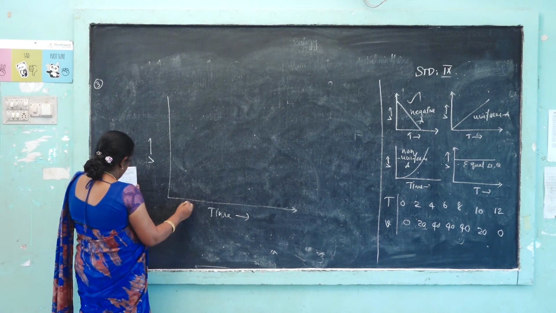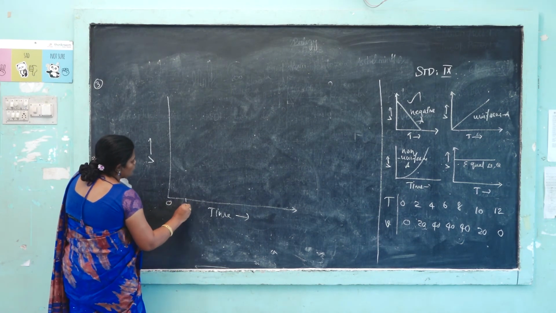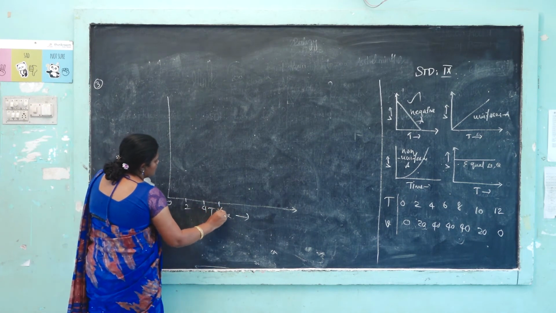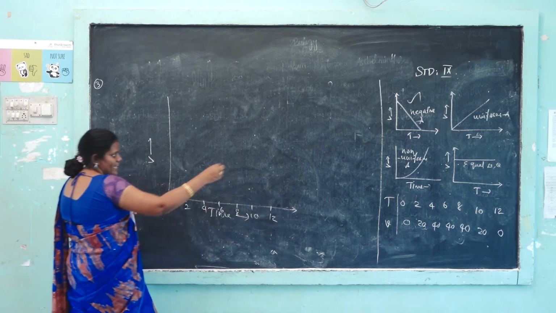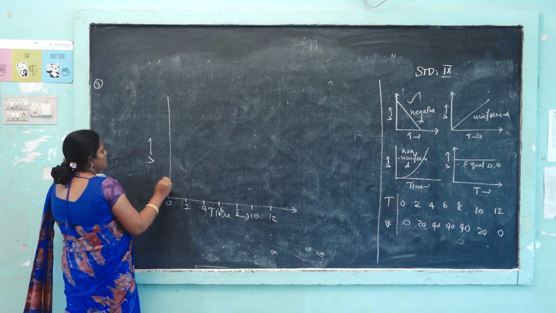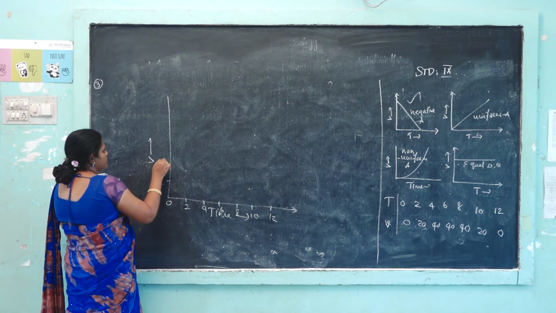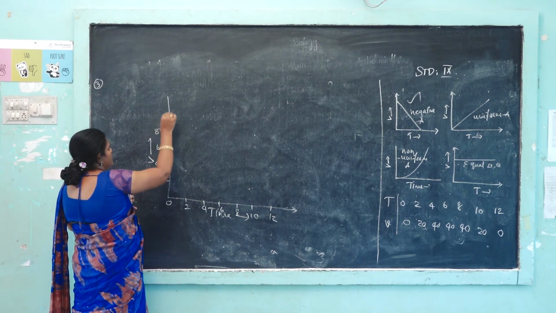So you take 0, 2, 4, 6, 8, 10, 12. In the y-axis 0, 20, 40, 40, 20, 0. So in the y-axis 0, 20, 40, 60 and 80 and 100.